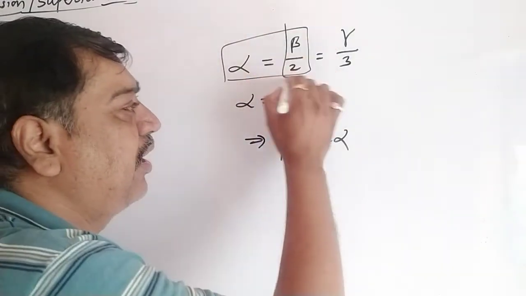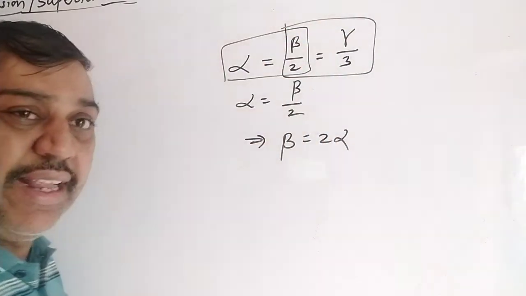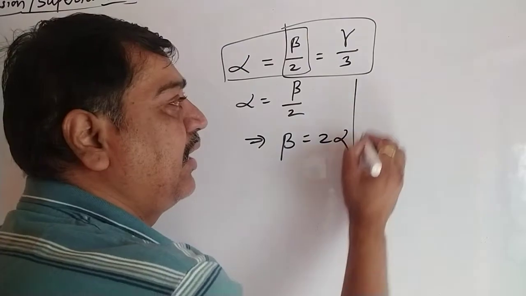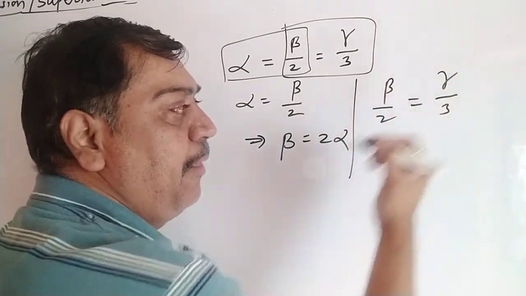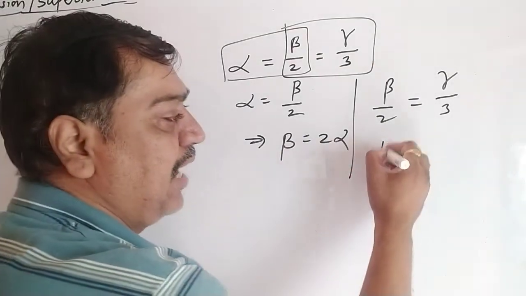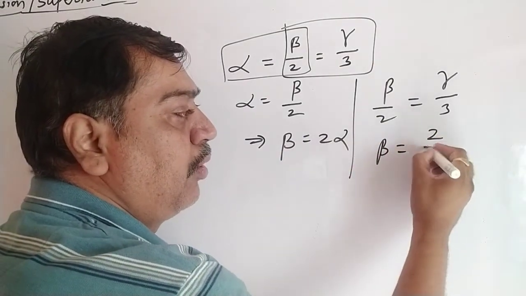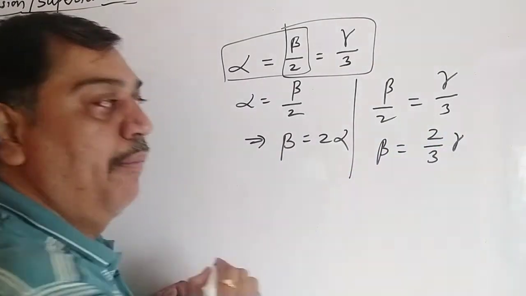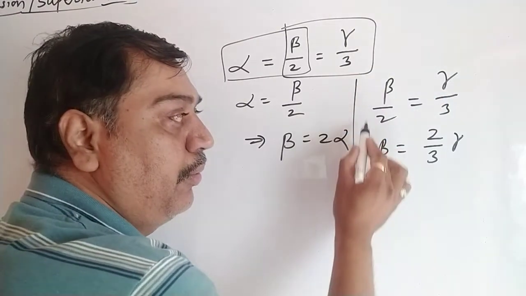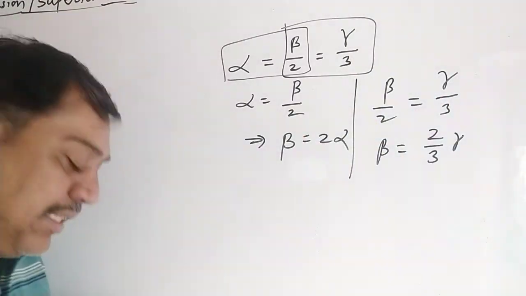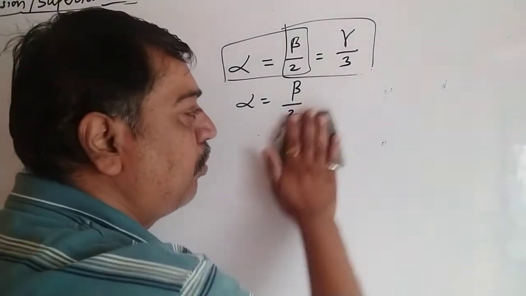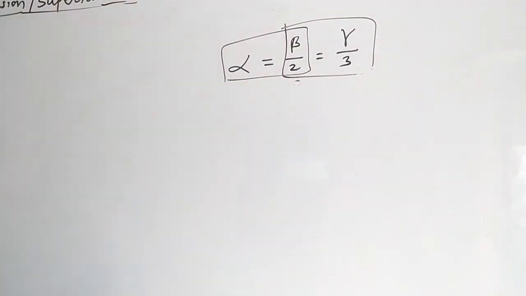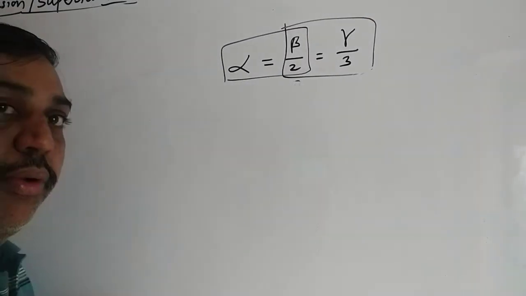If I want to find the relation between beta and gamma, we can write beta by 2 equal to gamma by 3, so beta equal to 2 by 3 gamma, or gamma equal to 3 by 2 beta. In this fashion, these relations can be found once you remember only one equation, alpha equal to beta by 2 equal to gamma by 3.